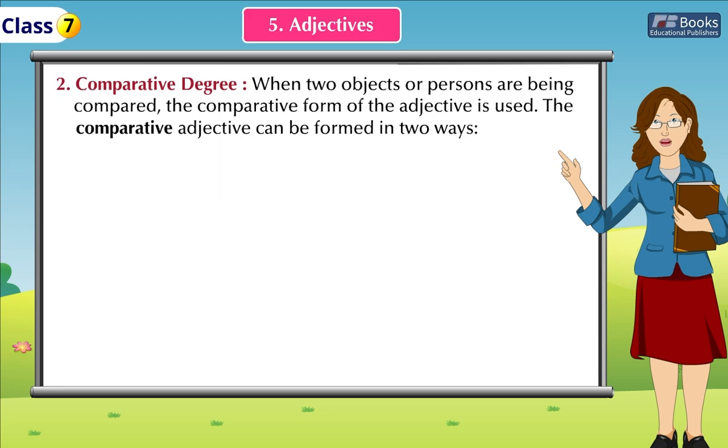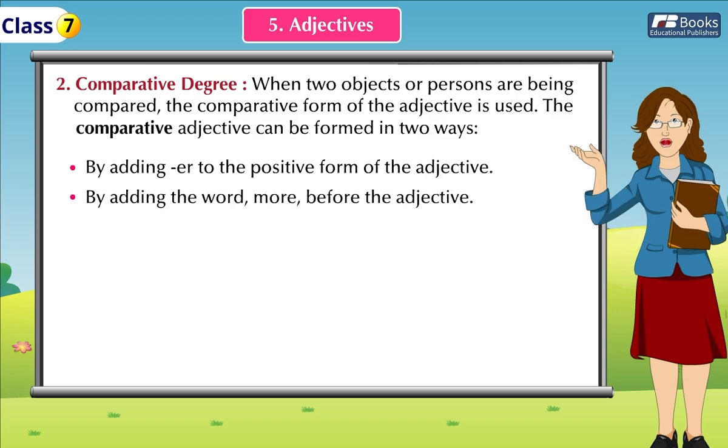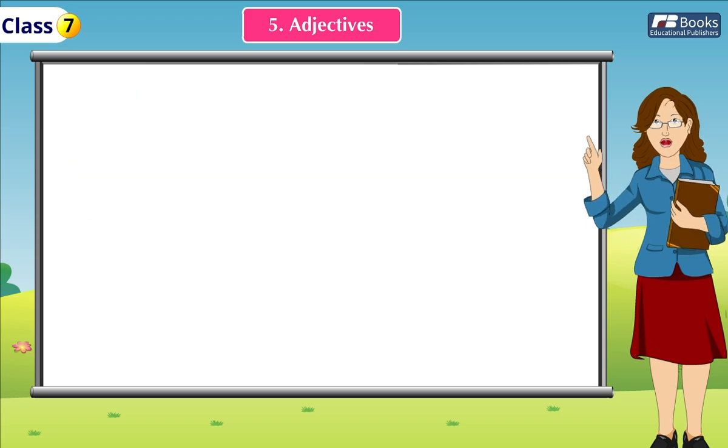Second, comparative degree. When 2 objects or persons are being compared, the comparative form of the adjective is used. The comparative adjective can be formed in 2 ways: by adding er to the positive form of the adjective, or by adding the word more before the adjective.